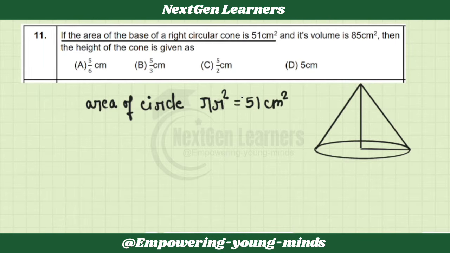And the volume of a circular cone is given as 1 upon 3 pi r square h is equal to 85 centimeter cube, and you need to find the height of the cone.